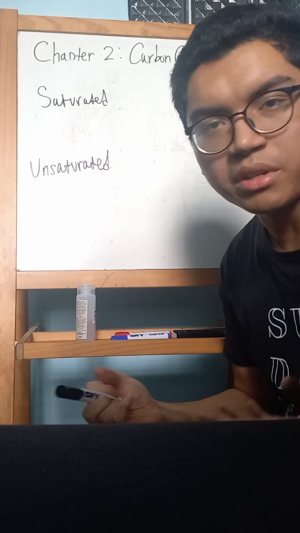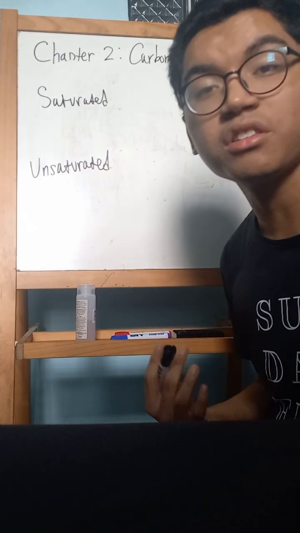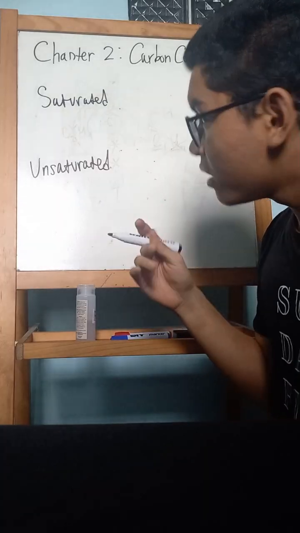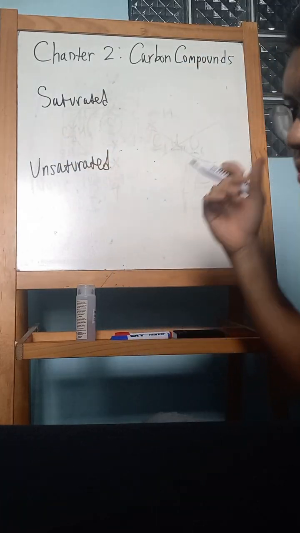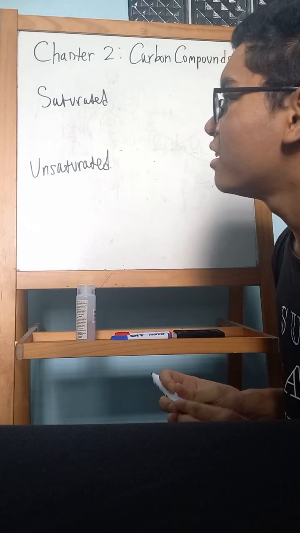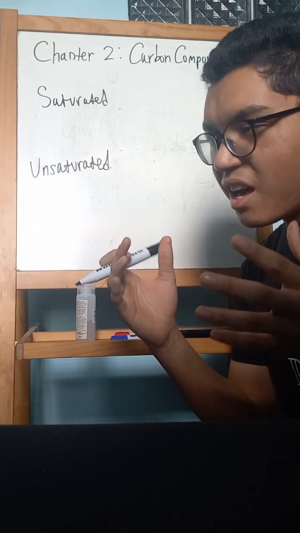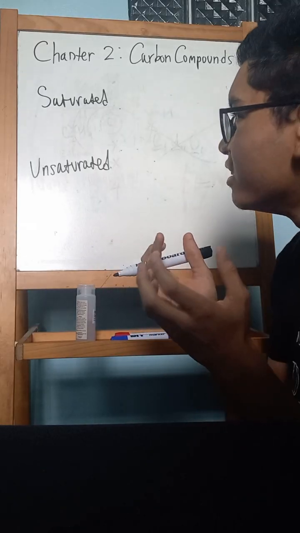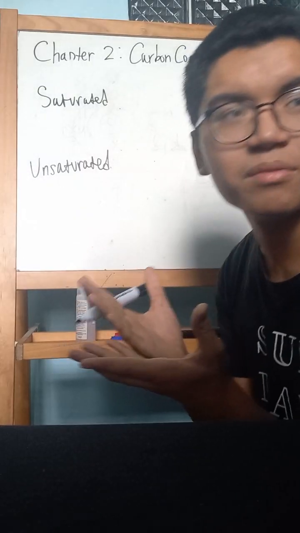You know what saturated means, right? It basically means heavily concentrated, there's a bit too much of something. Saturated is in terms of how much hydrogen and carbon we can fit inside. I'll explain it.